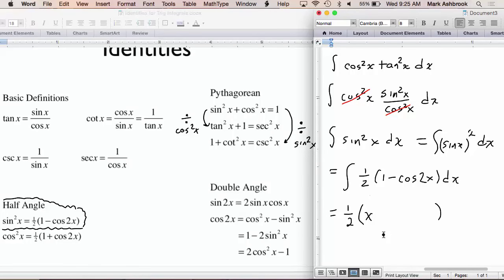Antiderivative of minus cosine 2x is minus sine of 2x, times a half. So you could have this multiplied out, it'd be the same: 1/2 x minus 1/4 sine 2x, that's fine too.